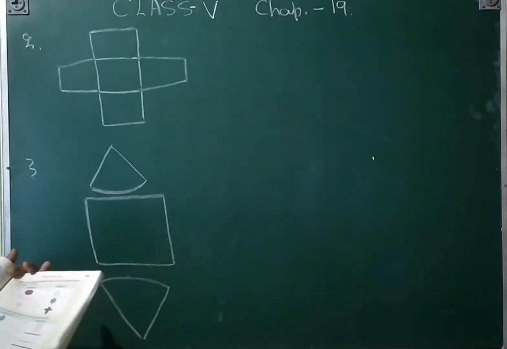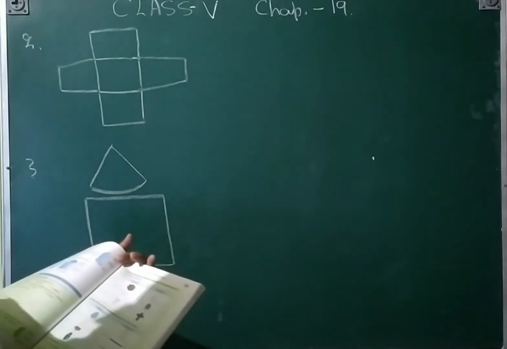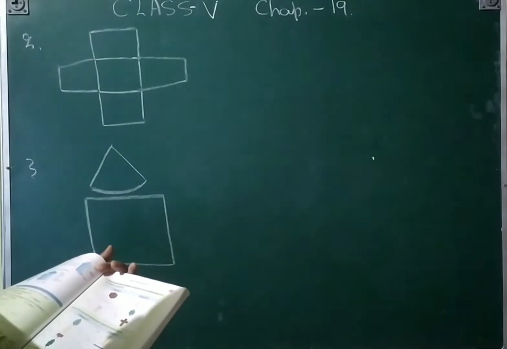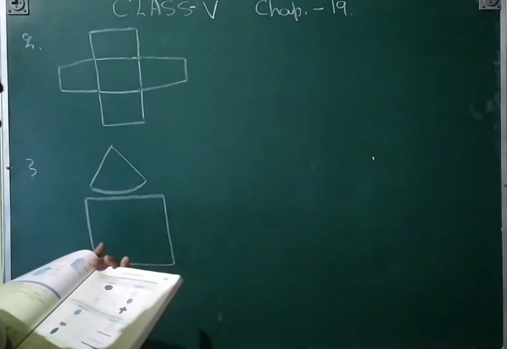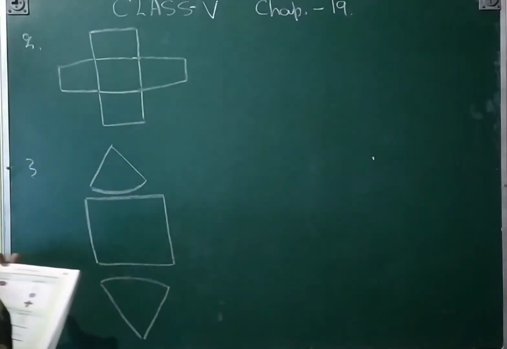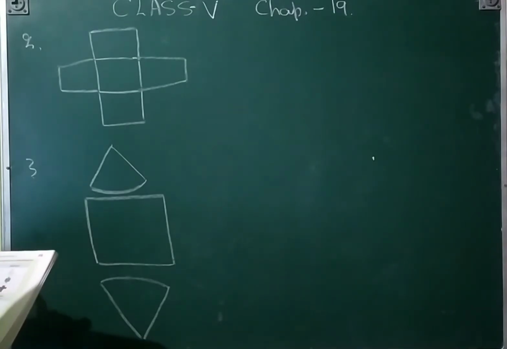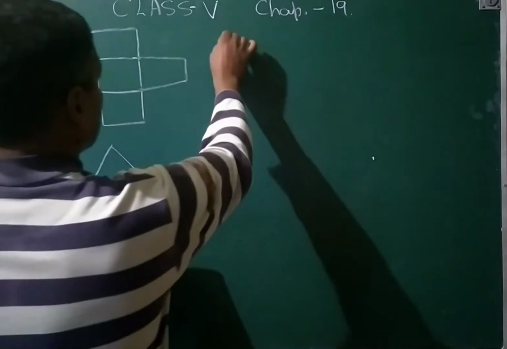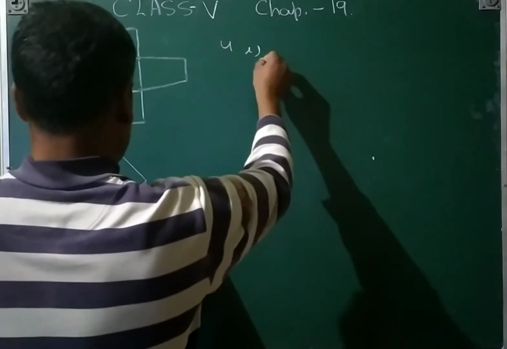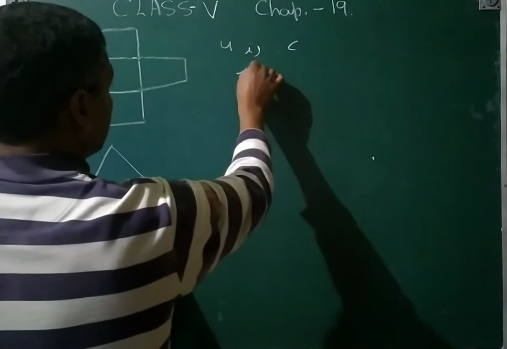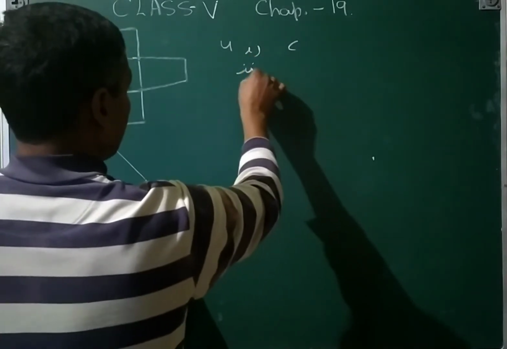That is matching. Fourth question. Match each object provided in column A to its corresponding net provided in column B. First is a cuboid. A cuboid has 6 faces. So the first one is the C part. Second, third.